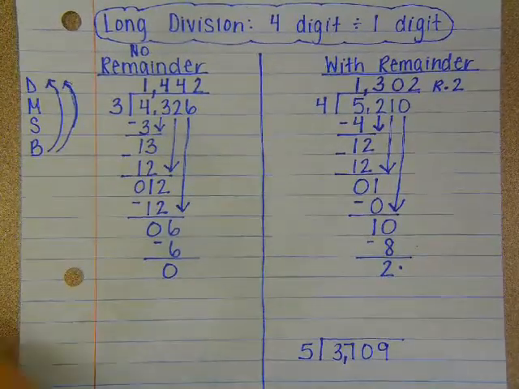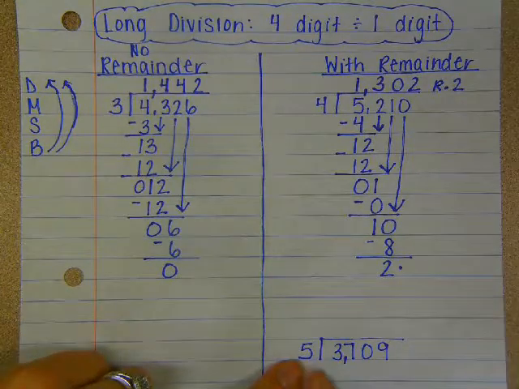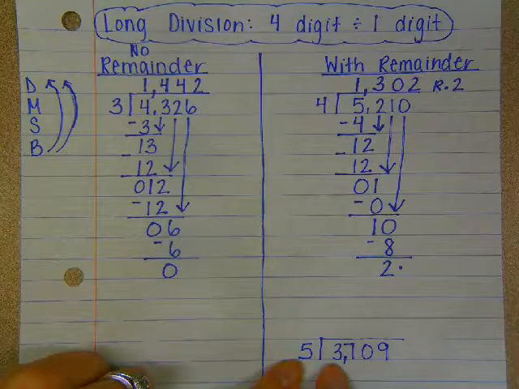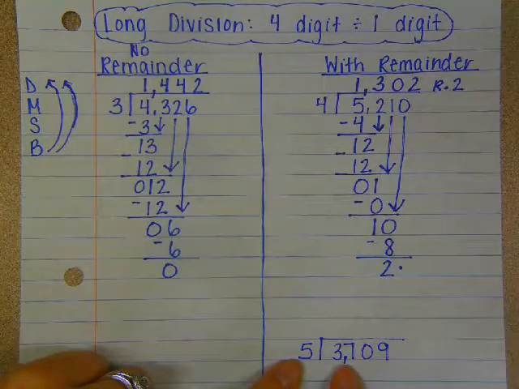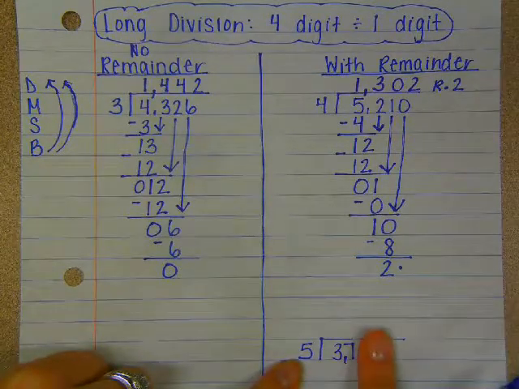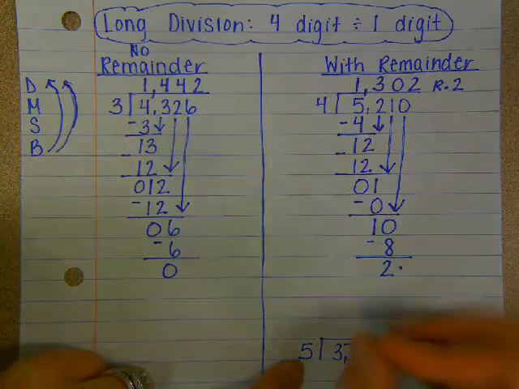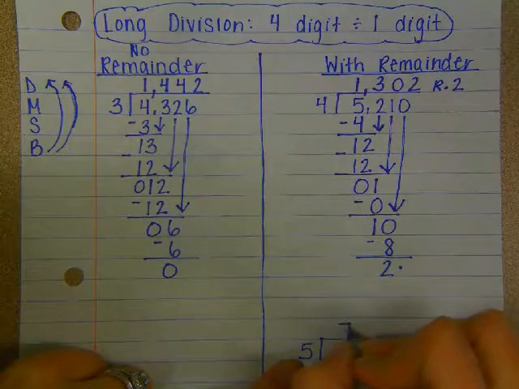Well, my first step would be to ask myself how many times can 5 go into 3, but I know that 5 cannot go into 3 because 5 is larger. So I have to ask myself how many times can 5 go into 37. And I know that 5 can go into 37 7 times.